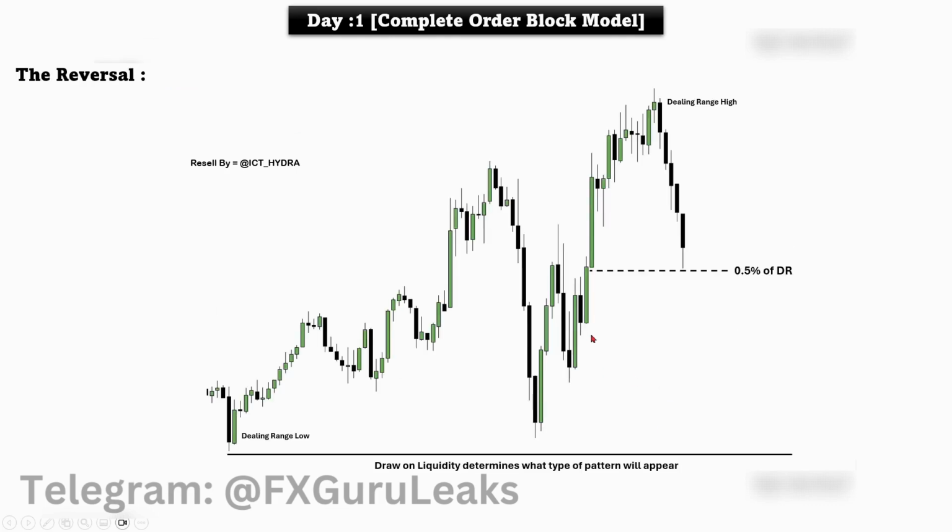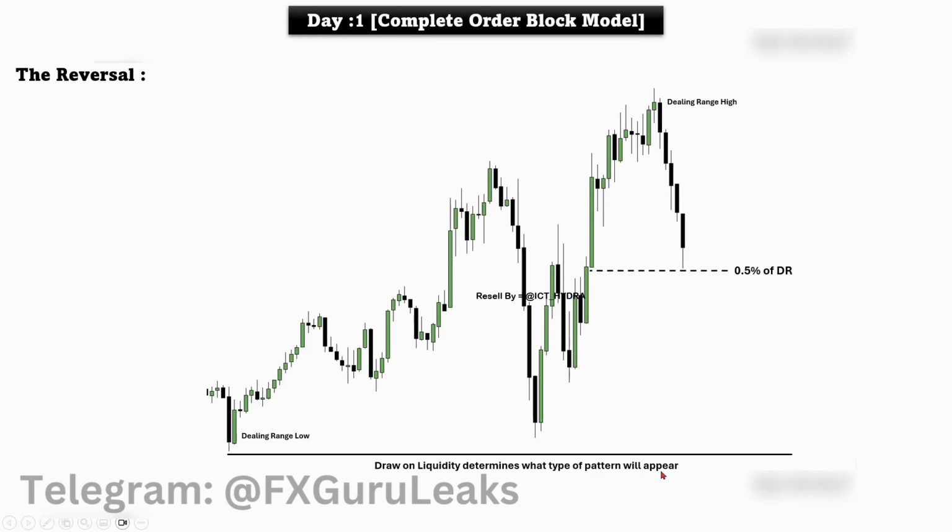Take a look at this chart here. Now this is our dealing range low, dealing range high. Now we are at the 0.5% of the dealing range, right? This is where our high probability trend continuation or the reversal order block pattern will appear, right? So here, what do you see? I wrote here, draw on liquidity determines what type of pattern will appear, right?